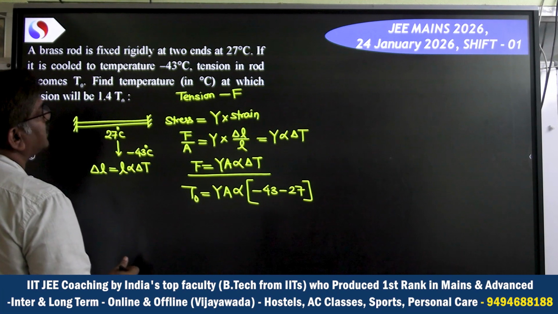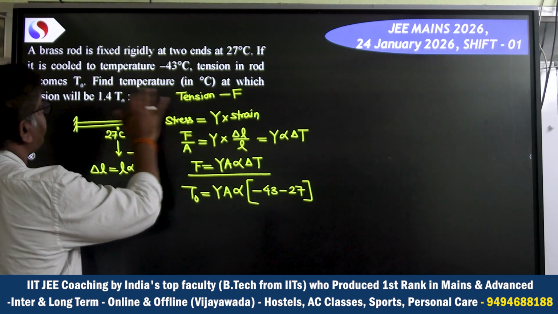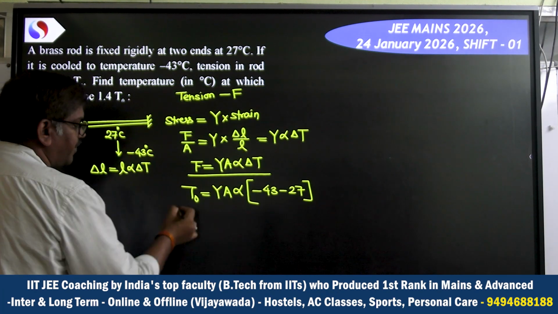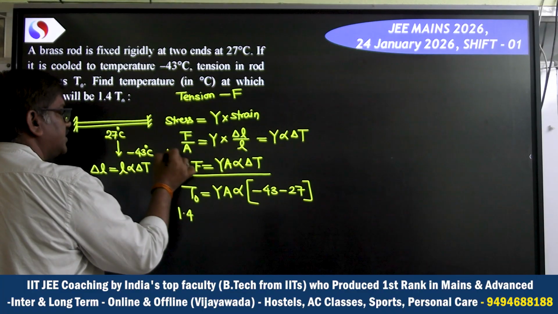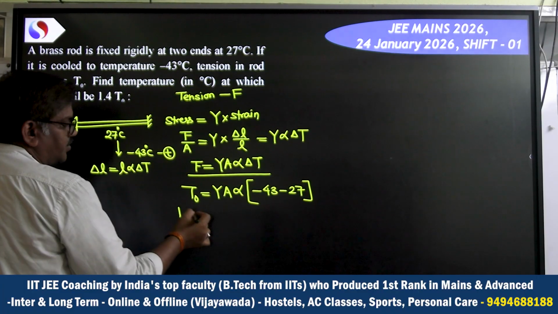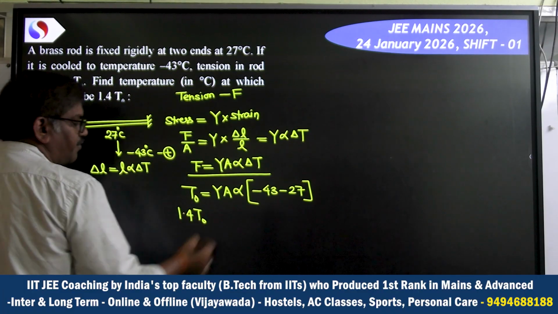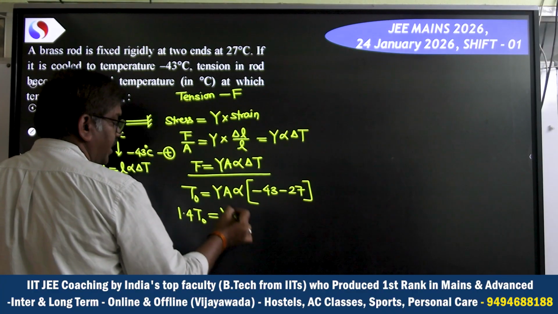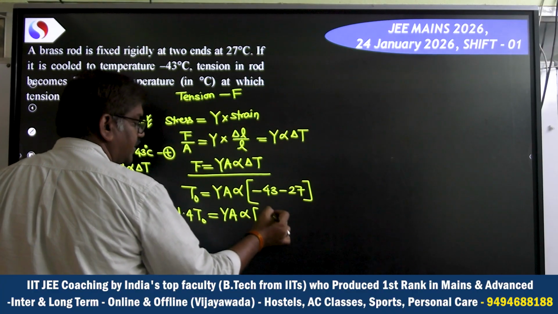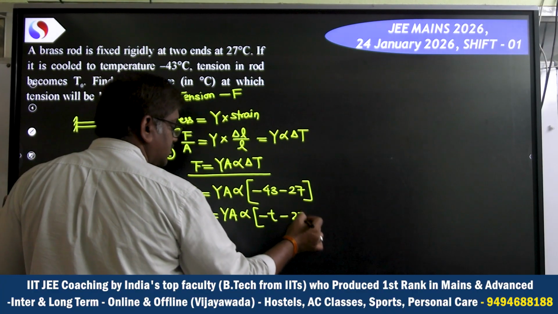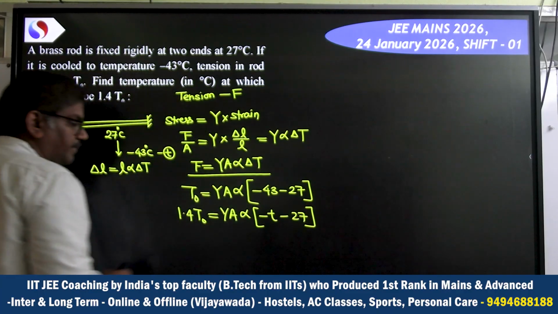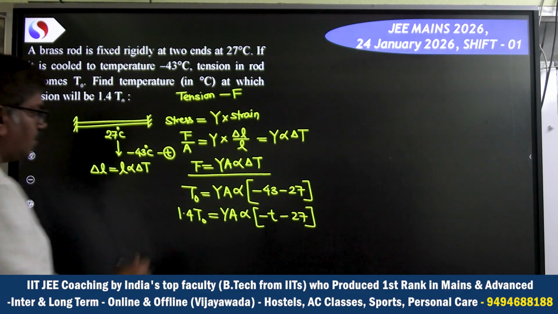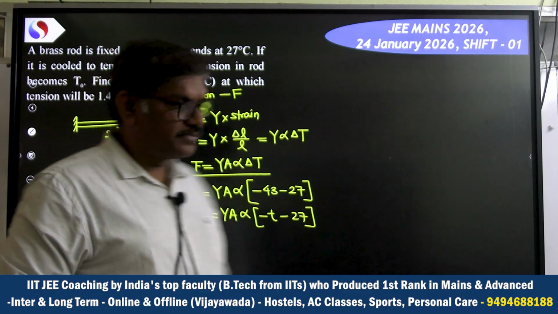And then they are saying at another temperature, its tension will be 1.4 T naught. Let us say another temperature is minus T. So 1.4 T naught equals YA alpha, final temperature is minus T, initial is minus 27. Just divide it and solve it.